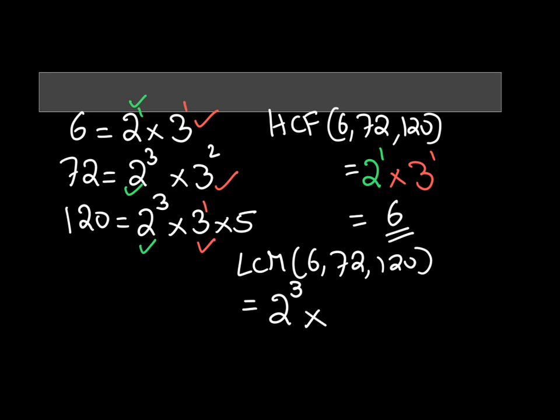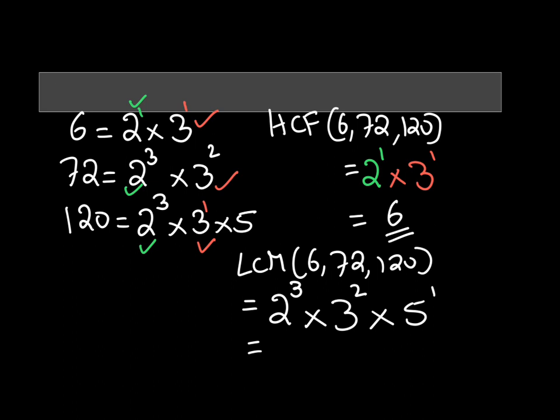And for the prime number 3, the greatest power is 3 to the power 2. So we pick that up and write it over here. And in 5, there's only one factor 5. So we pick that up and write it as 5 to the power 1. Now we find the product of this. 2 to the power 3 is 8 times 3 to the power 2 is 9 times 5.